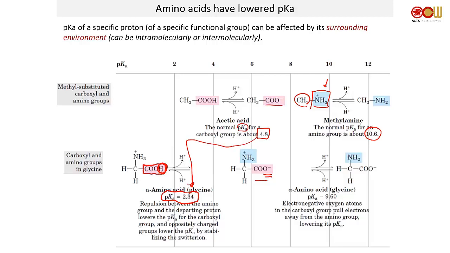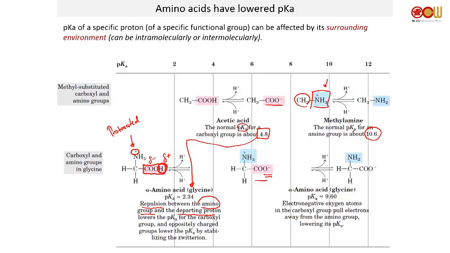Turns out, you have repulsion between the amino group and the departing proton. What does that mean? At low pH, this amino group is protonated, so it has a positive charge. In COOH, H is partial positive, the O's are partial negative.